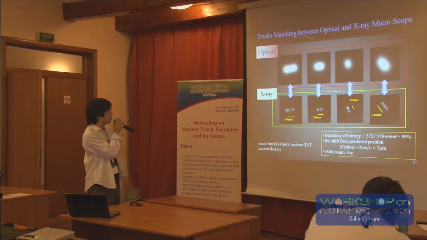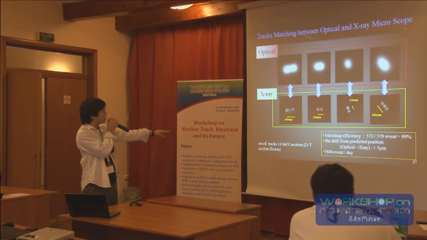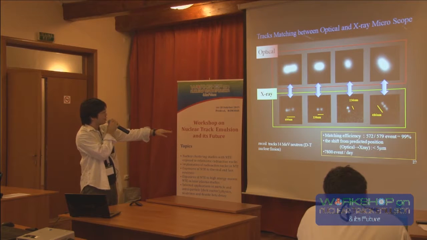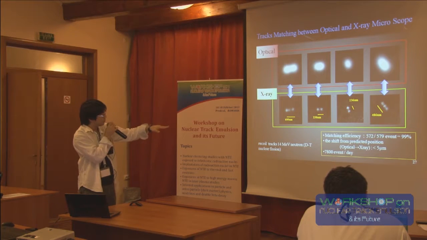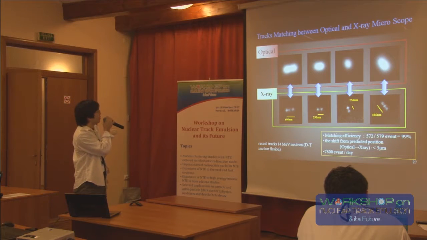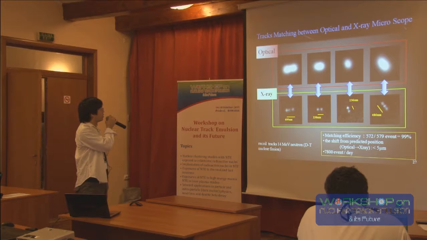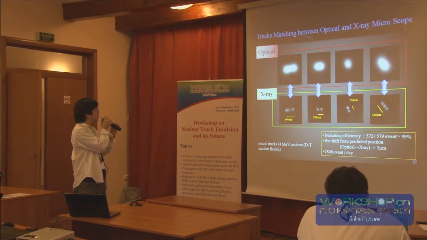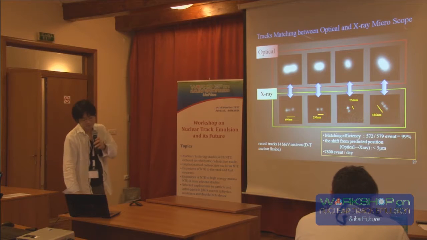The matching efficiency is almost perfect, and the shift from the predicted position is short enough. So the matching is no problem, and we can confirm signals and backgrounds with this process.